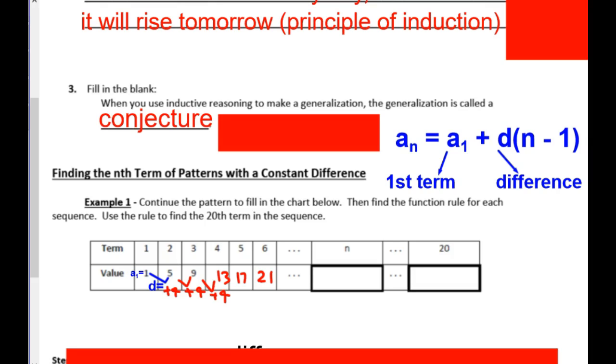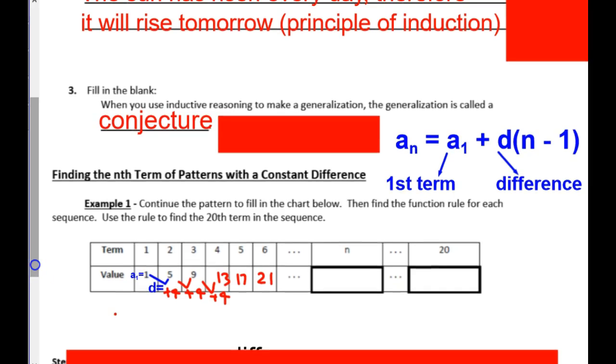Now, careful. So for this formula, a_n equals, I'm going to write it down here. And then it says a_1 is the first term. So if I look at my value table, this is my first term. So I'm going to write 1. Okay, it's not always 1, but in this case it's 1.